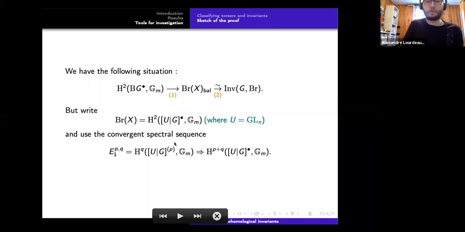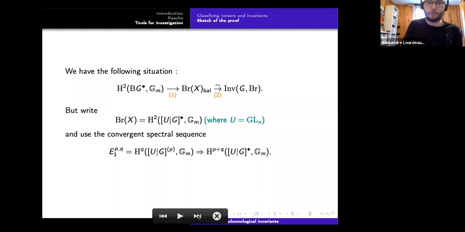For this, we write Brauer of X as a cohomology group of UG points, with U equal GLN. And we have a convergent spectral sequence for simplicial schemes, which relates all the parts of the simplicial scheme to the whole cohomology.